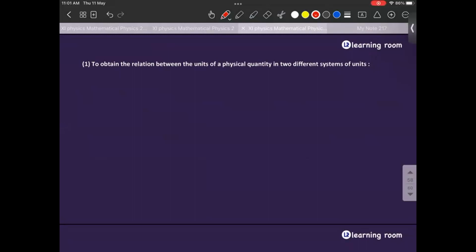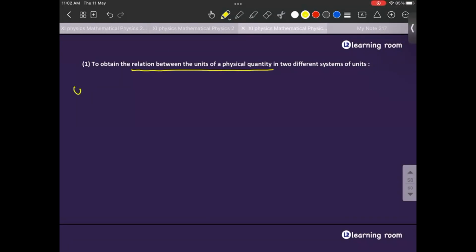So you can write down this heading. First, write the main heading as dimensional analysis. Under that, the first application. In this, we are going to use dimensional analysis to obtain the relation between the units of a physical quantity in two different systems of units.